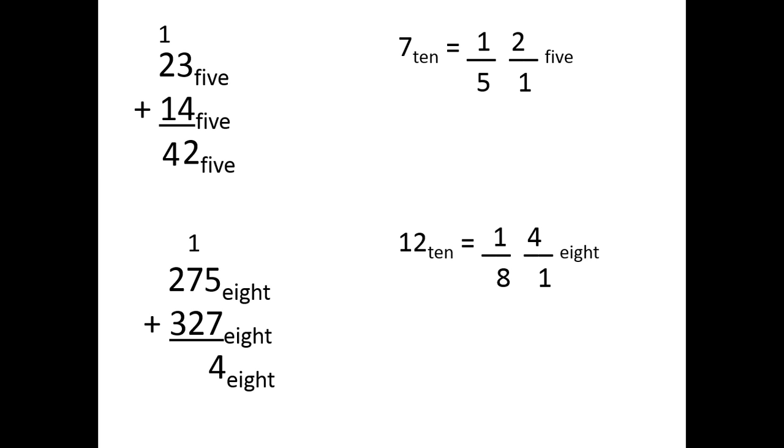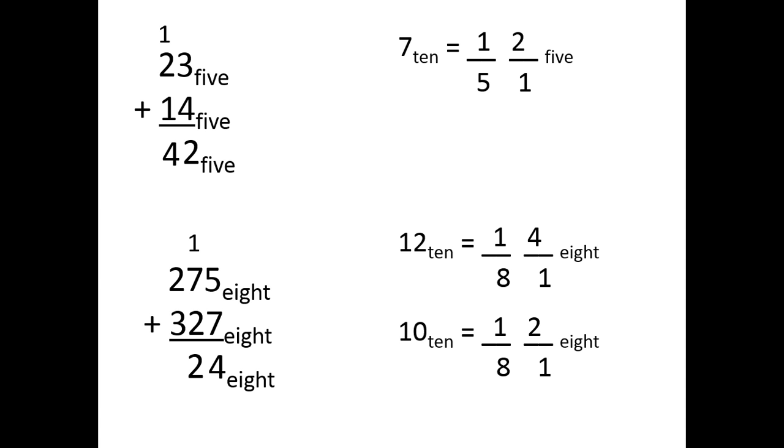So now we're going to add in the 8s column. That's 1 plus 7 plus 2. Let's see, 1 plus 7 is 8, plus 2 is 10. Do you notice how I'm letting myself think in base 10, but I have to write in base 8. So 1 plus 7 is 8, plus 2 is 10. 10 is not a base 8 number. In fact, in base 8, 10 is one group of 8 and 2 ones.